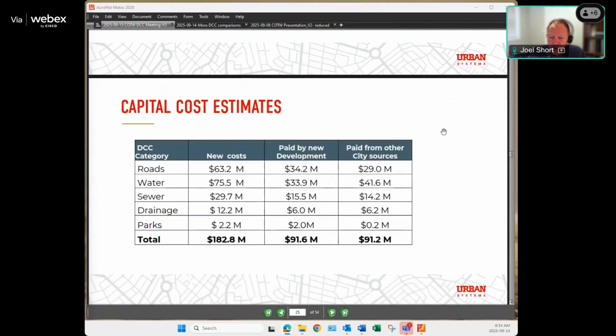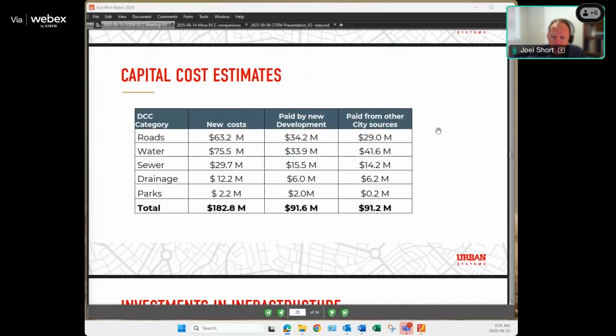And also, when you look at those new costs, we've added up the proportion allocated. Remember when I was talking about the benefit allocation, there's a certain amount that's allocated to growth, and a certain amount that's allocated to existing.